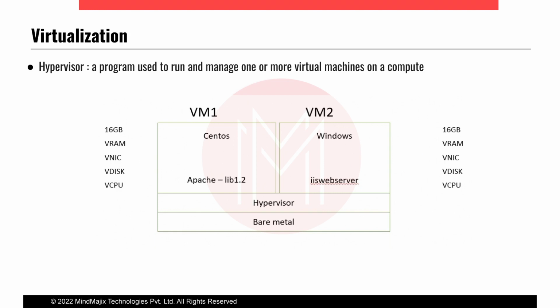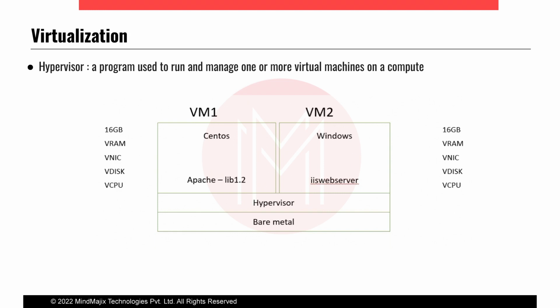With the help of this hypervisor, I can give resources to my virtual machines. I can give virtual RAM, virtual NIC, virtual disk, virtual CPU. Like this, I can give individual resources to my virtual machines as well.